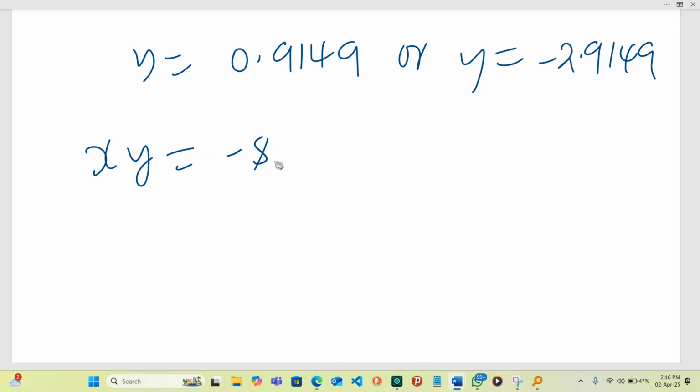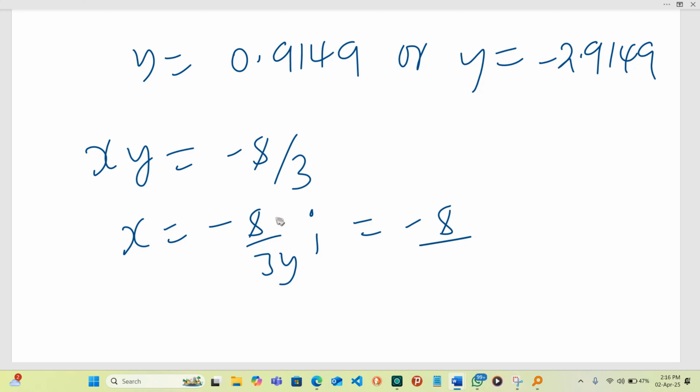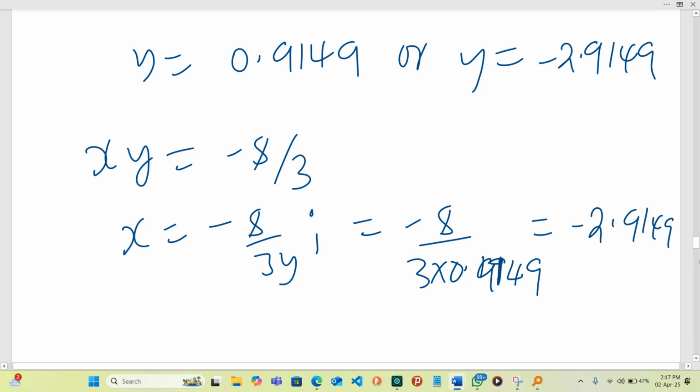xy is equal to negative 8 out of 3. So meaning x is equal to negative 8 out of 3y. So when y is equal to 0.9149, then x is equal to negative 8 divided by 3 times 0.9149, and this is negative 2.9149.